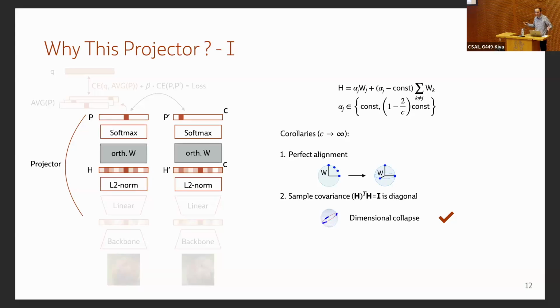And so what we are actually doing here is decorrelating our embedding features without imposing that explicitly.